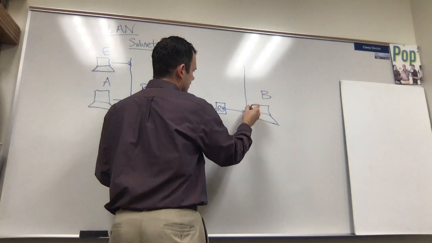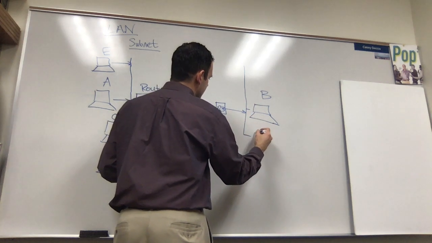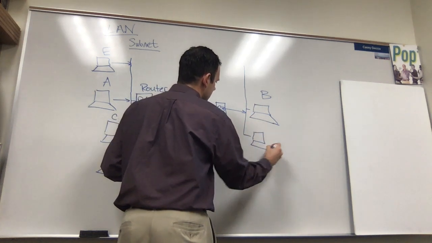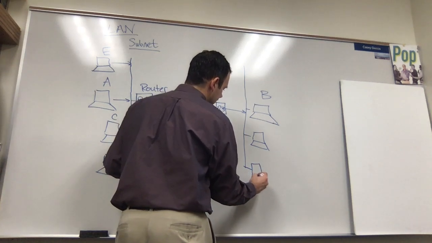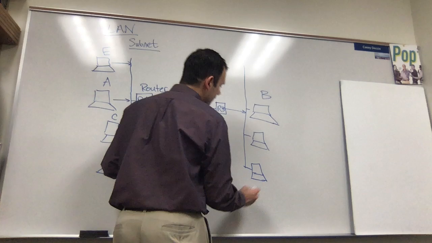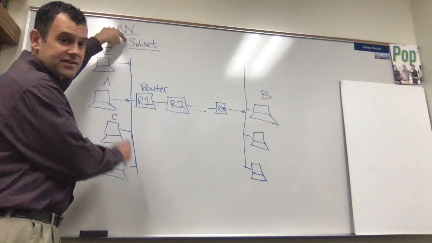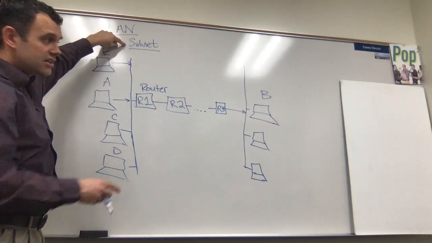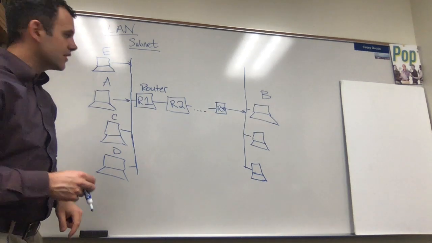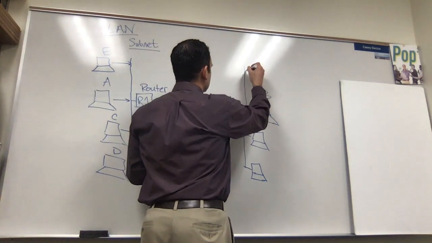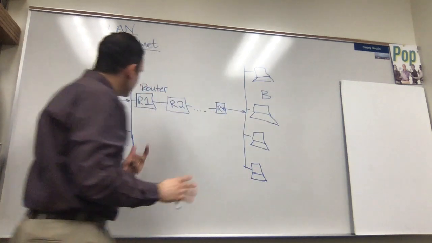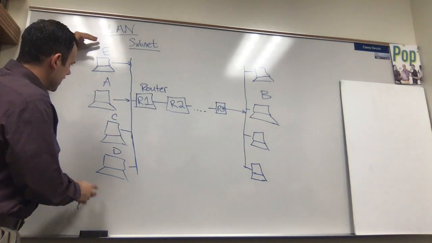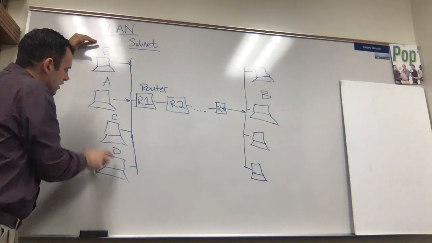That would look very similar to how it looks on A's side, where B might potentially have a number of different computers that are also connected on the same physical infrastructure, and just like on A's side, they have the same subnet. B is also going to have a common subnet. We'll talk about that again when we get to addressing in just a moment. So what we've basically said is, A can communicate locally on its local area network.